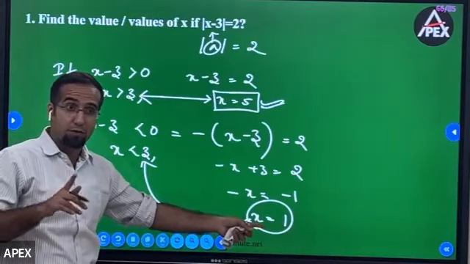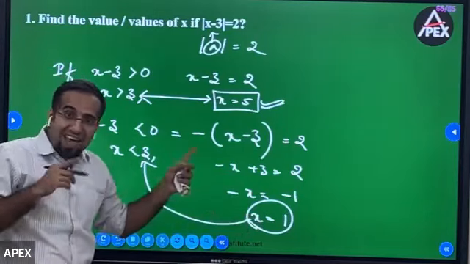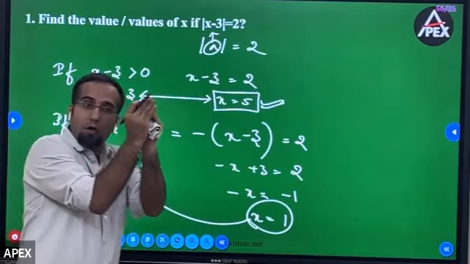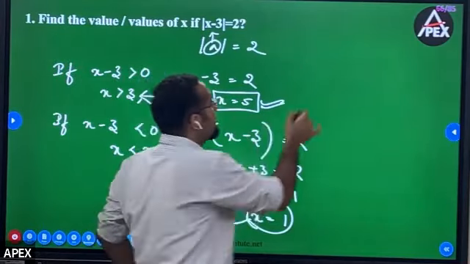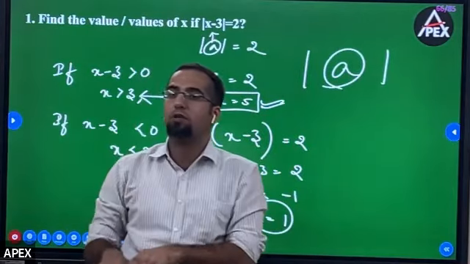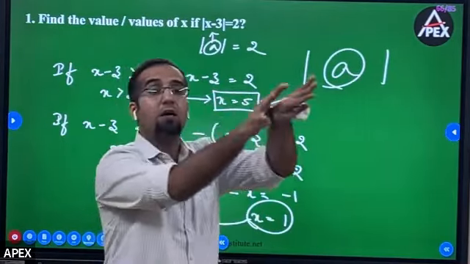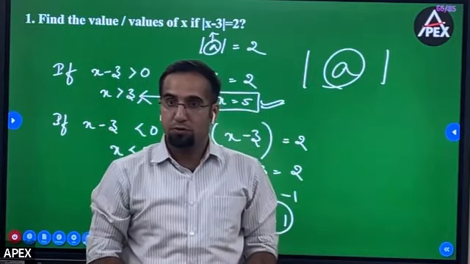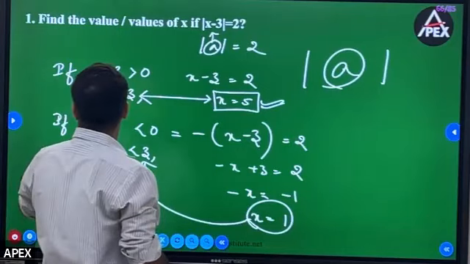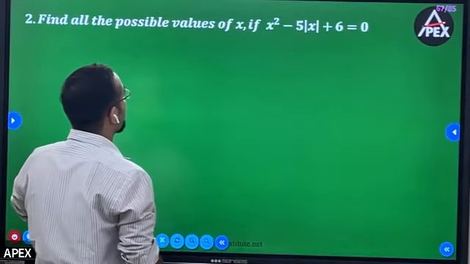Please speak carefully. So it is not x greater than 0, x less than 0. Anything within the mod. Understand the definition of mod. Whatever is there within the mod, that comes out as positive or that comes out as negative values. Clear? So stressing a lot on this point, but I think maybe after 2 or 3 questions you will be able to understand. Let's solve this, please.